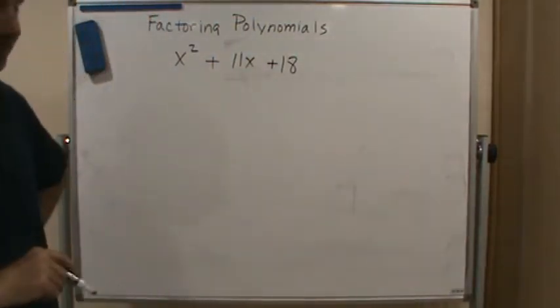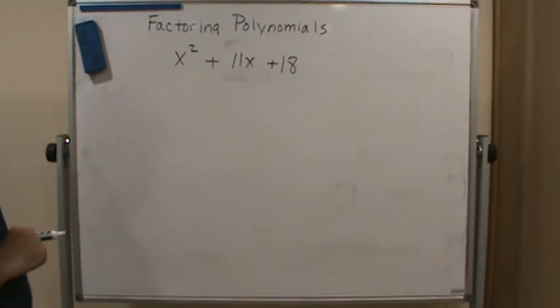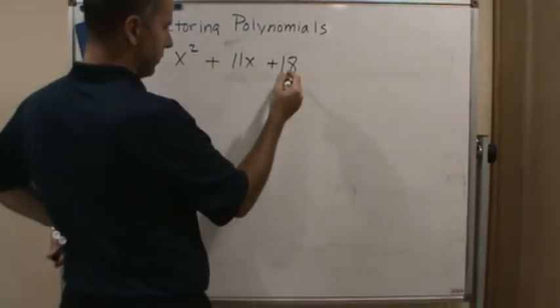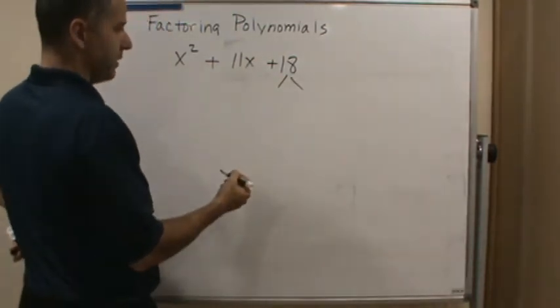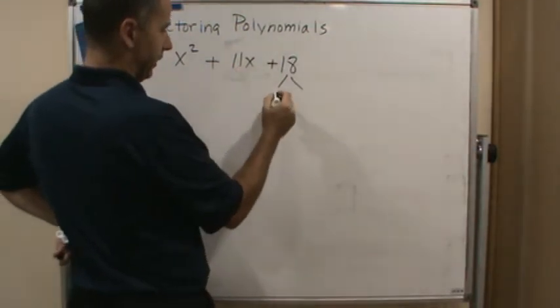Let's do this one. So let's do the AC method again. So 1 times 18 is just going to be 18. So the 2 factors of 18 that will give me 11 is what?